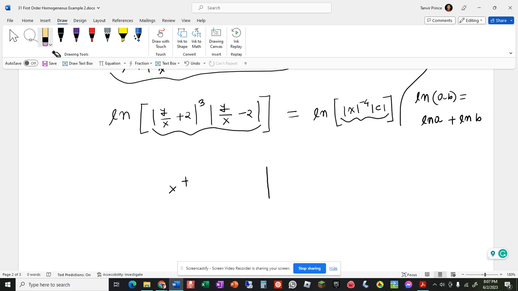Actually, because of this cube, I think it's a good idea not to do that, because I have to be a little bit careful because you cannot really move this cube inside the absolute value.